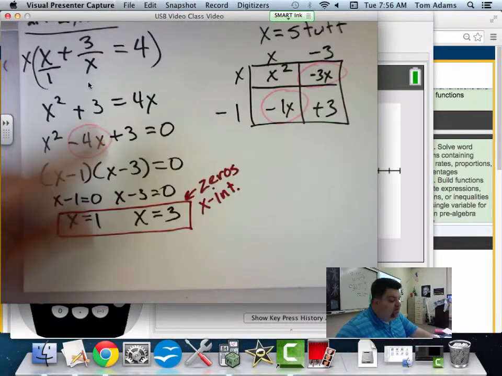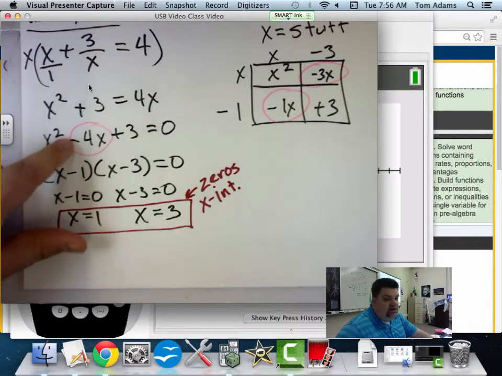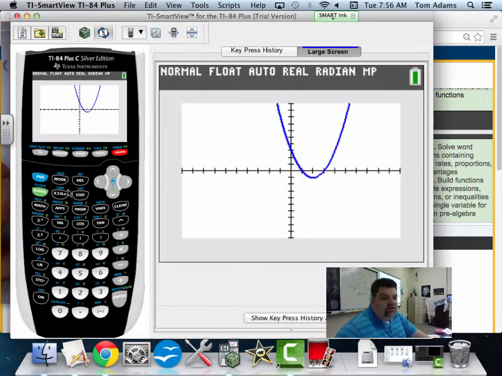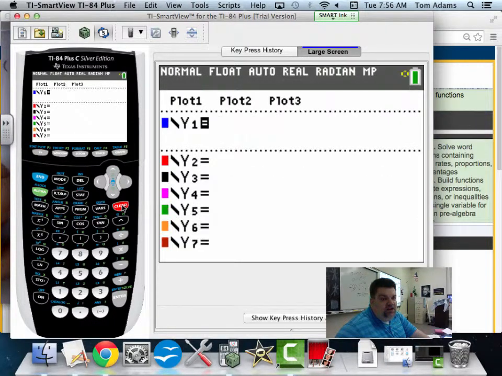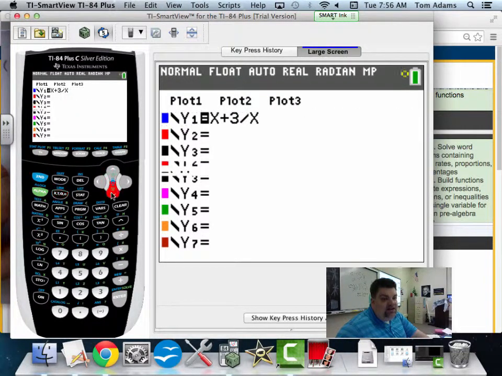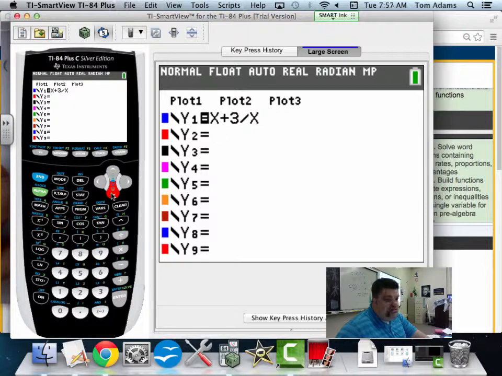In other words, how can I verify that I didn't make any mistakes from here to here? Another thing that we could do is graph the left-hand side of the equation, which was originally x plus 3 divided by x, and then the right-hand side of the equal sign, which was 4. That was the original equation that was given to us.